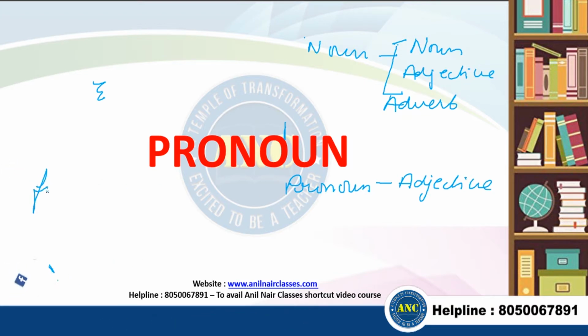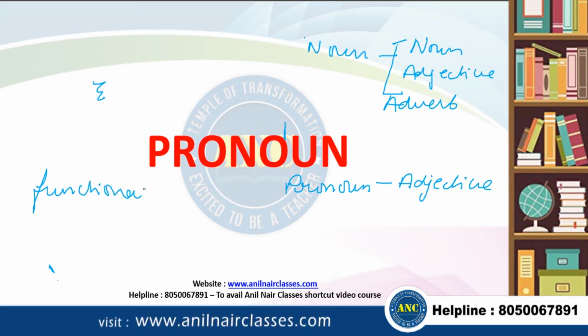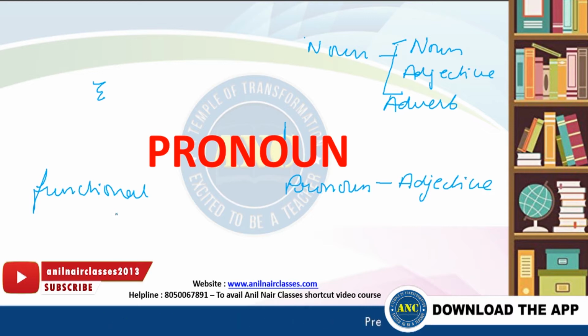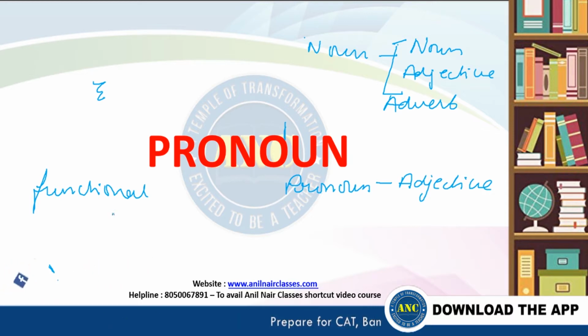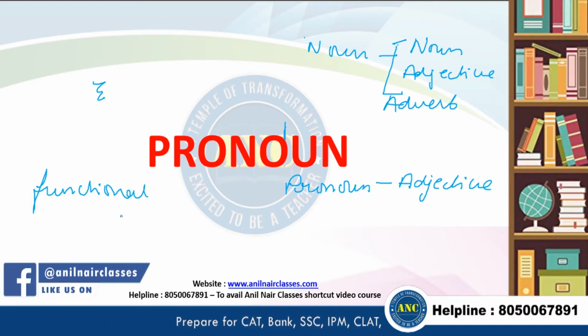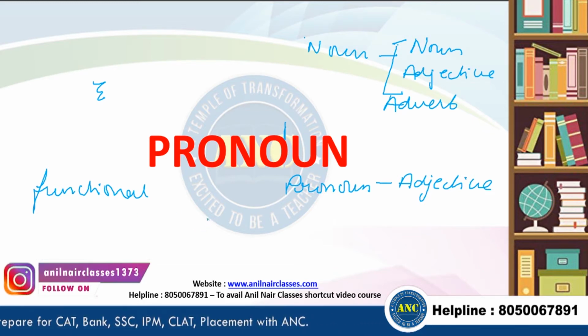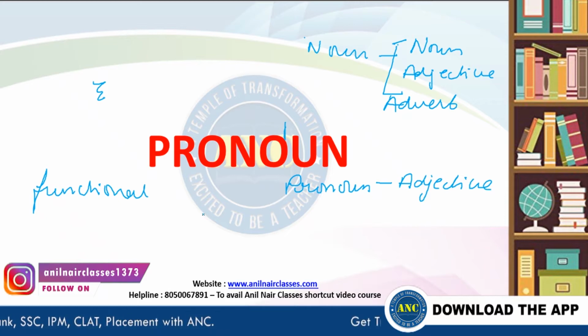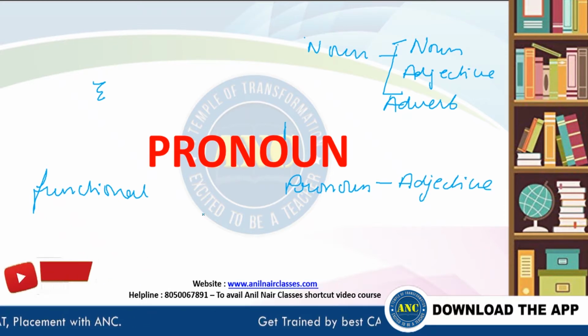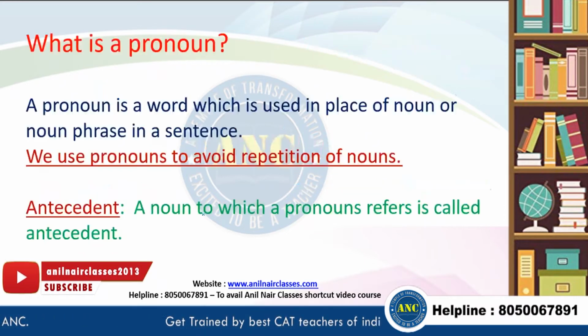We will be studying the functional aspect of the pronoun, so in context to a particular sentence, what exactly a pronoun is functioning as. And nouns and pronouns are very closely related to each other. The reason behind that we'll come to know when we discuss the pronoun definition in the next slide, right?